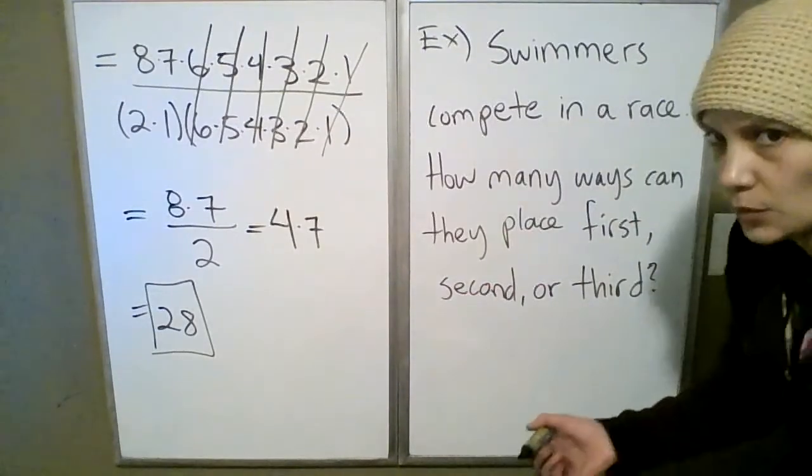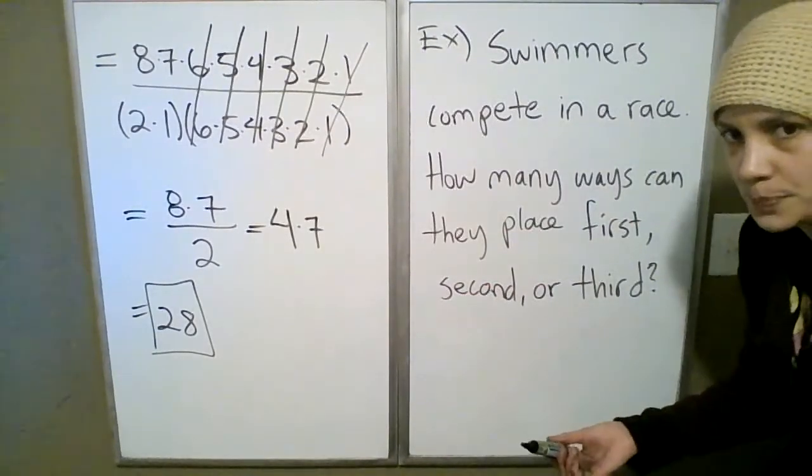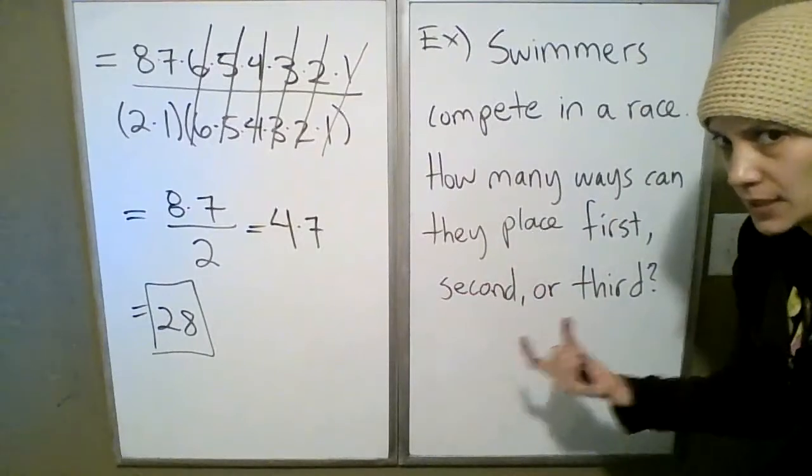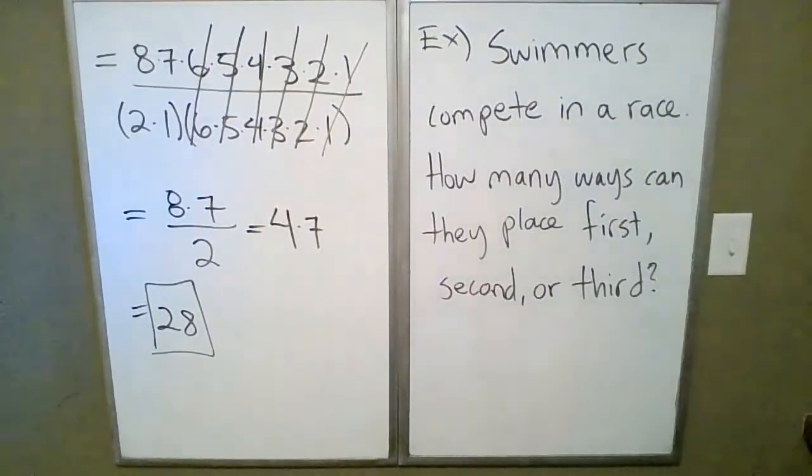Okay, so the first way we're going to do it is with the multiplication rule. There's a first place, a second place, and a third place. So I'll make placeholders.